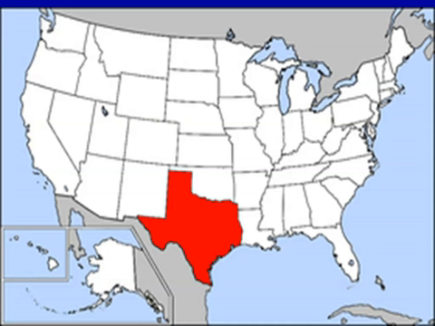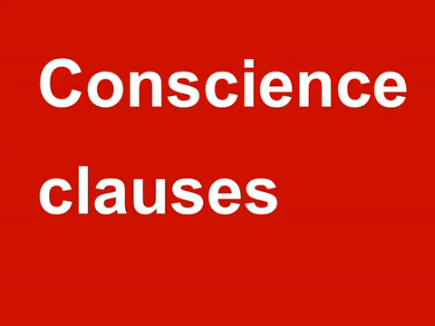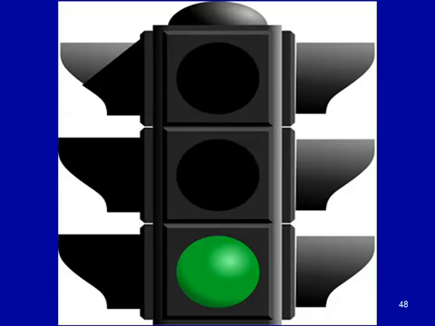Now, it's important to mention that there's a second species of green light laws, conscience clauses, which have been very actively legislated over the past couple years. These laws basically say, Doc, you can refuse, not for professional reasons, but for personal reasons, right, based on your ethical or moral compass.